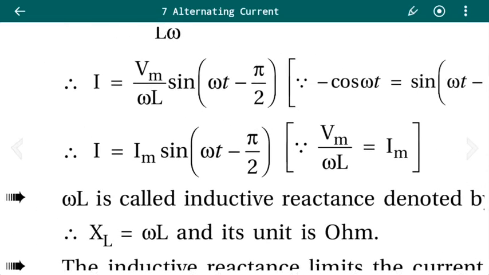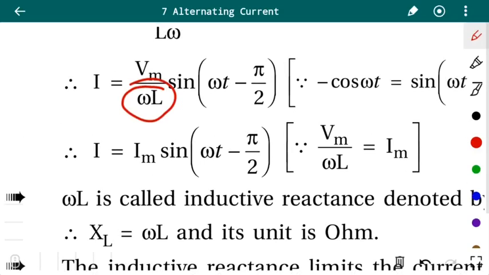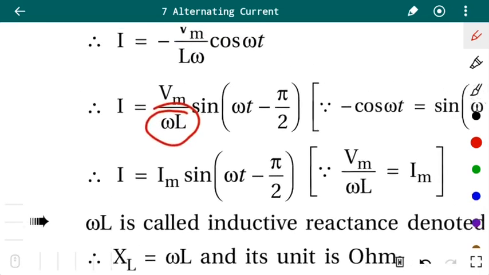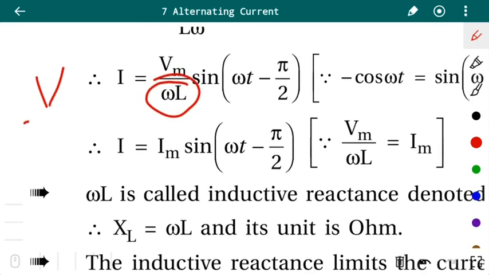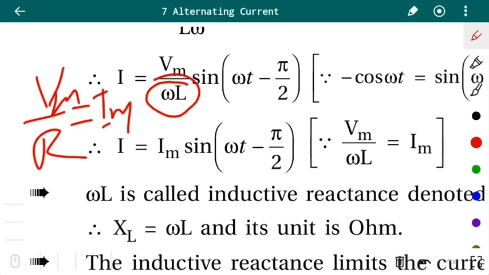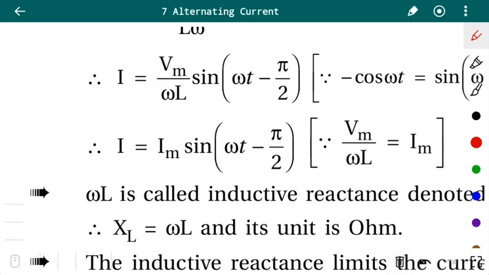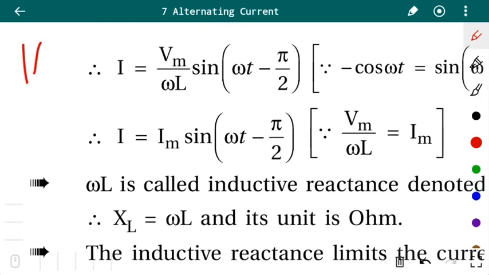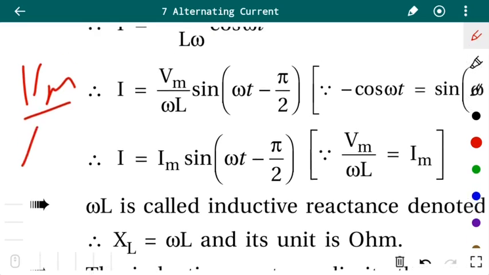And here omega L can be considered as the inductive reactance, and we know that the voltage upon the resistance is equal to current. Here Vm upon R becomes Im. Instead of the resistance over here, we have inductive reactance, that is XL.